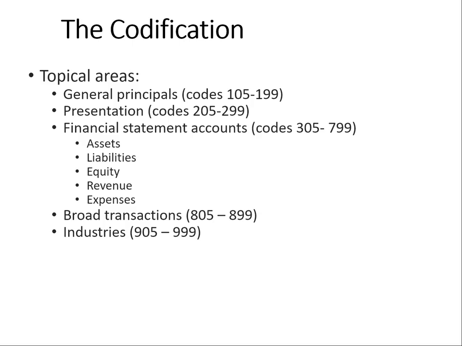So what are those topics? We have general principles, topics related to presentation, and topics related to various accounts, including assets, liabilities, equity, revenue, and expenses. We also have topics for broad transactions and then industry-specific topics.